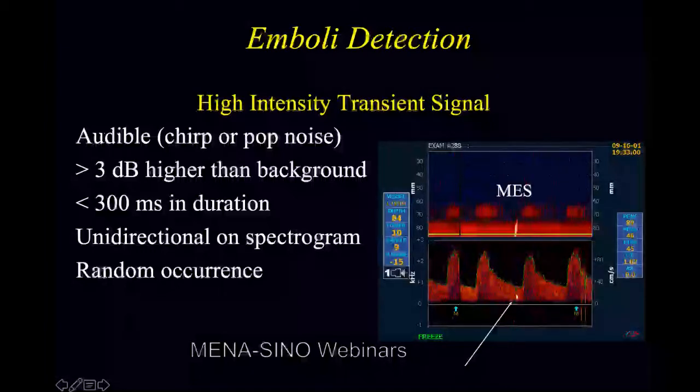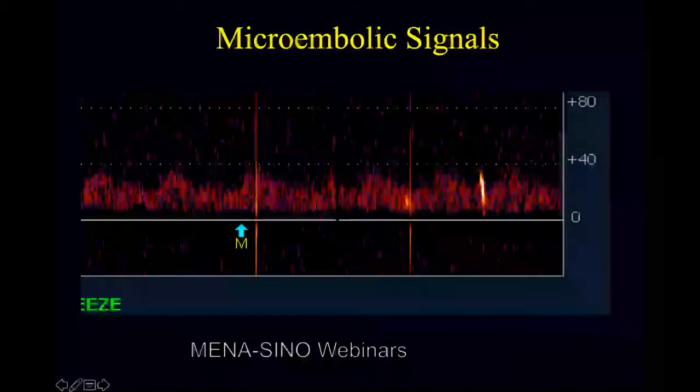If you're interested, the criteria are: unidirectional on the spectrogram, a chirping or pop sound, typically more than 3 decibels higher than the background, less than 300 millisecond duration, and random occurrence. And we have the criteria on M-mode. This has been established as very helpful in monitoring distal to the stenosis in intracranial disease.